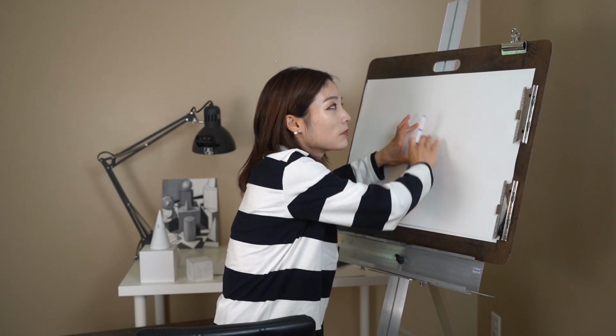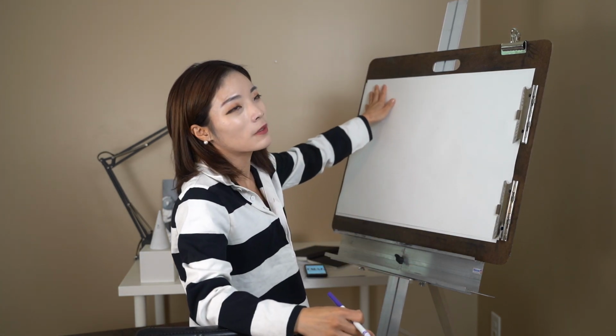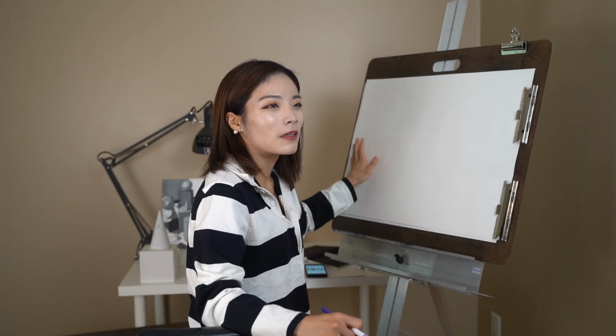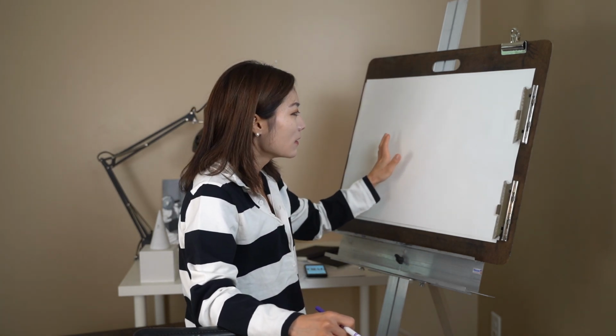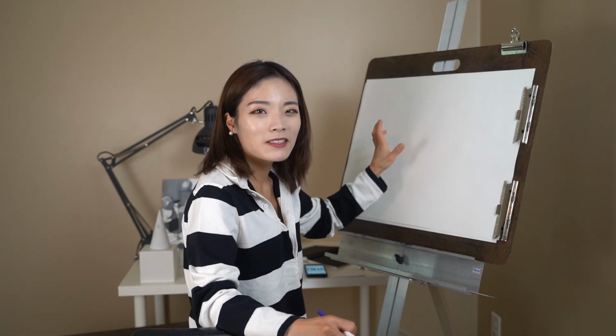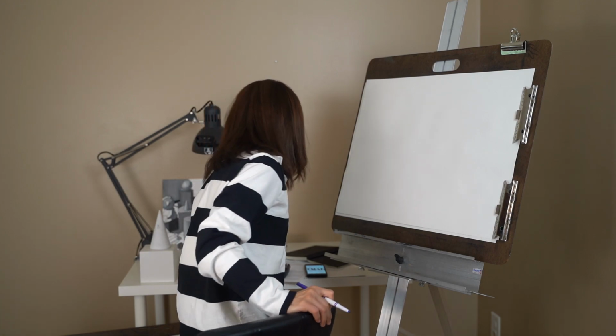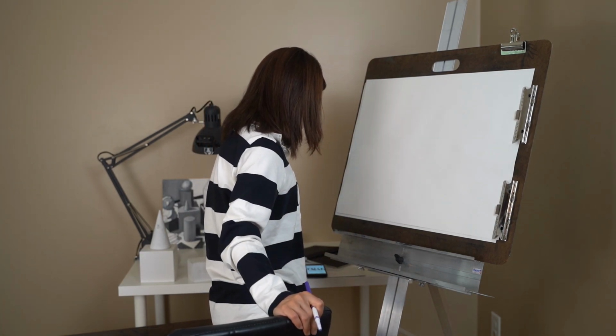I want you to find ways to incorporate this whole space, make it just as important, harmonious and needed as the major component of the drawing, or whatever it is that you're putting smack in the middle. So that's negative and positive space.